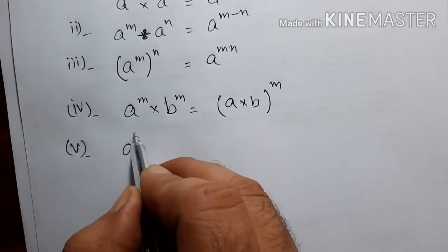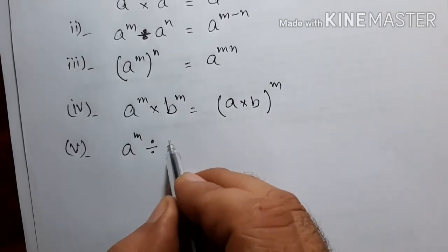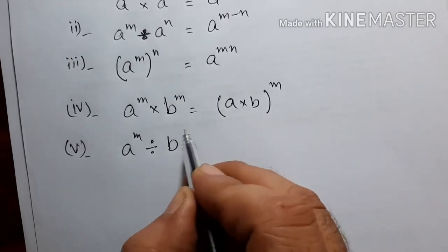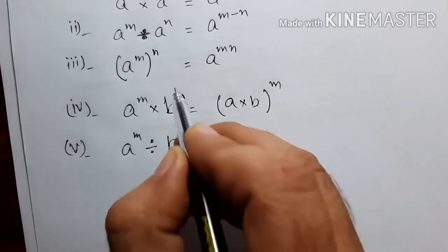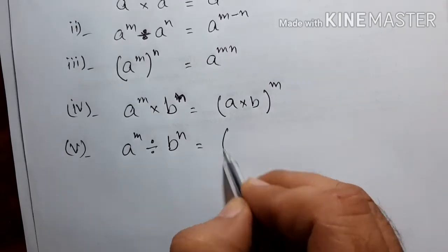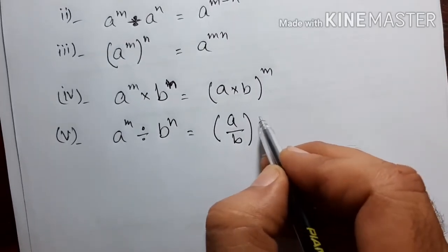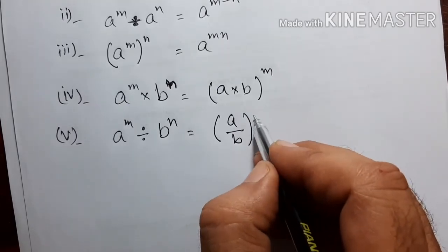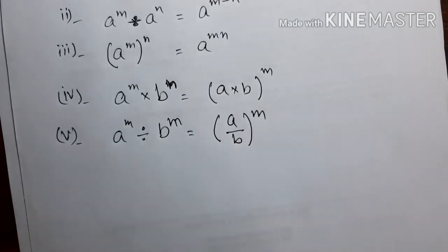Or if two exponents with same indices are divided, then we can write them as a fraction under the same exponent.